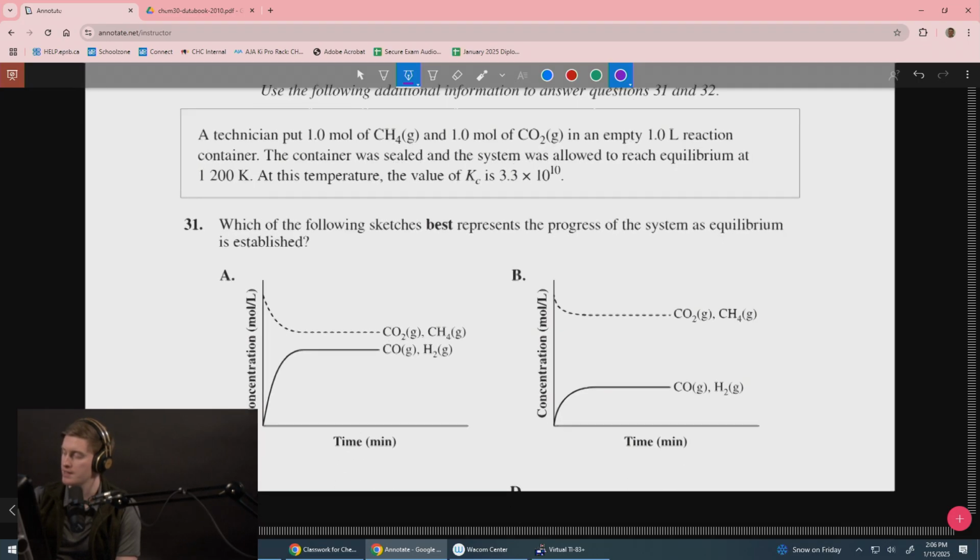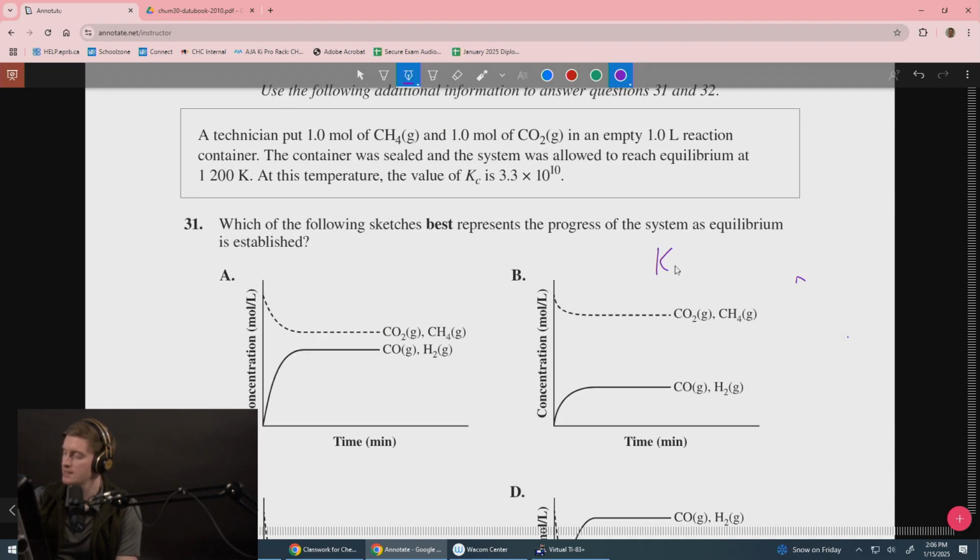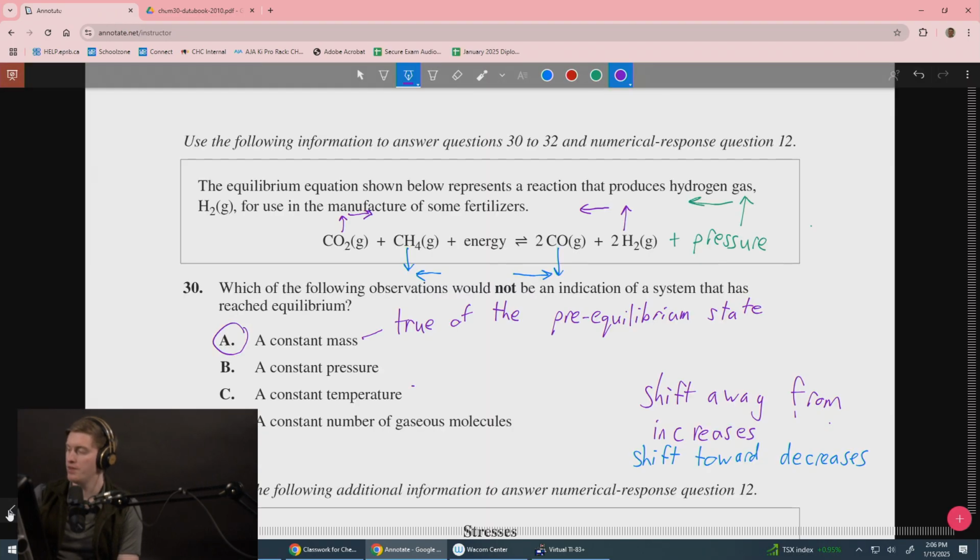I'm just going to write on the side what Kc is. Kc is our equilibrium constant, and it's going to be the concentration of our products to the power of their coefficients over the concentration of the reactants. It's the same equation here.